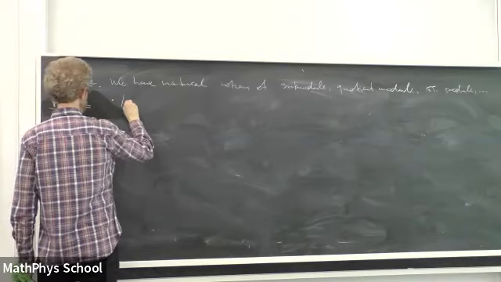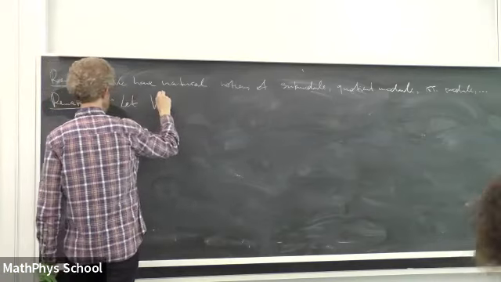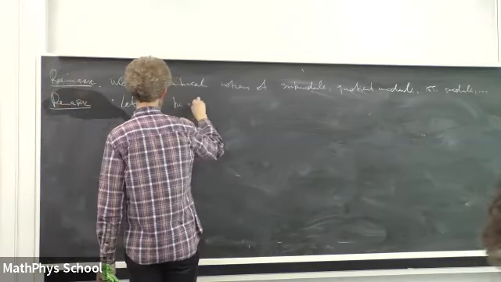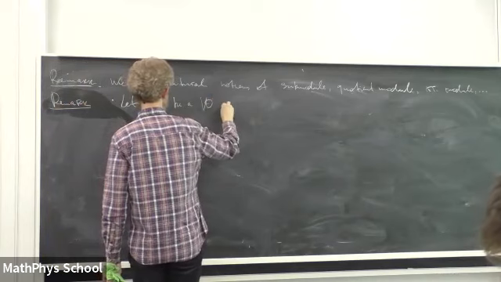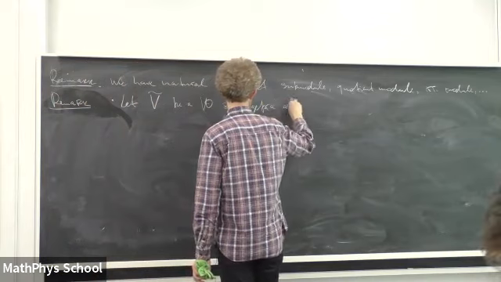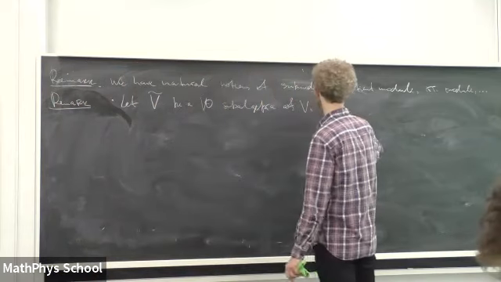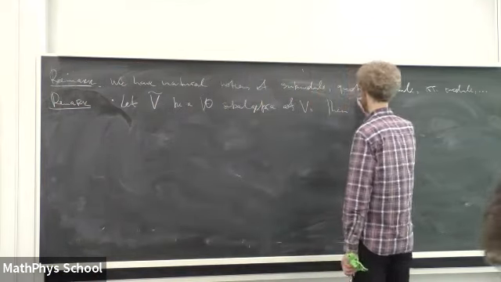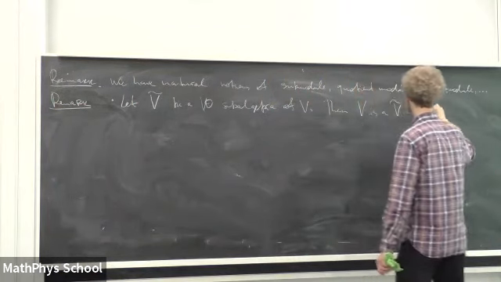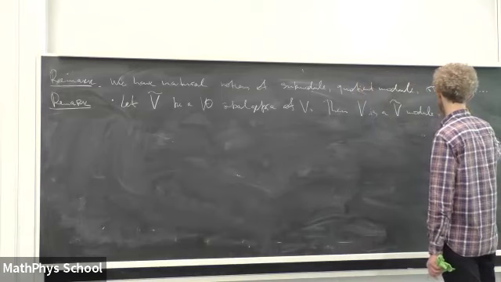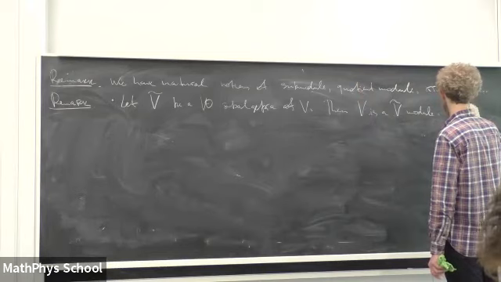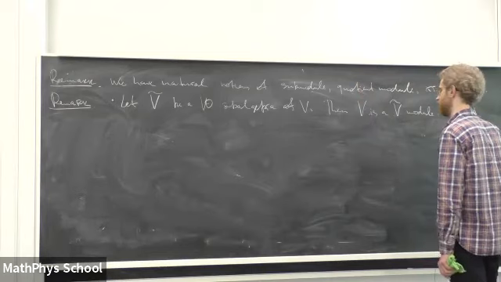So assume let V tilde be a vertex operator subalgebra of V. So then V is a V tilde module with the same property that Y_M is just Y.